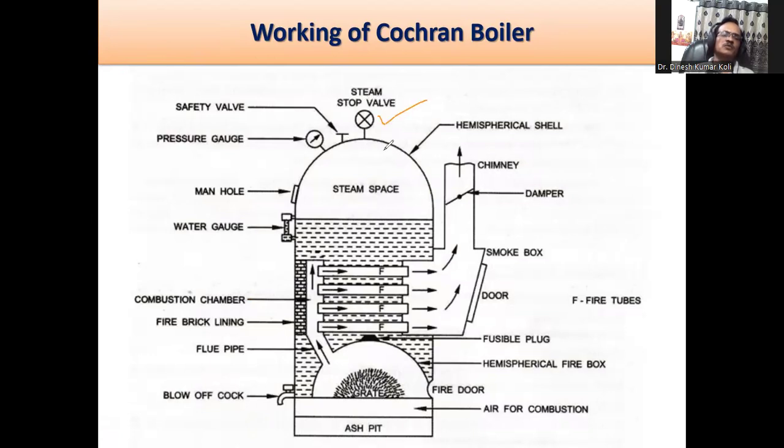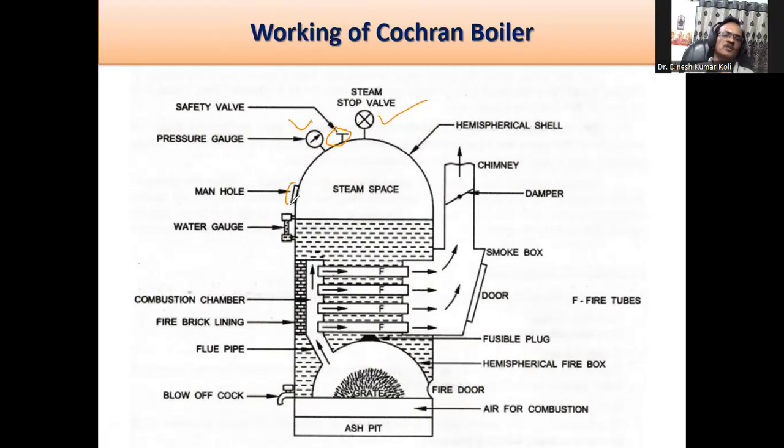It is used to control or regulate the steam which has been produced by the boiler. There is a spring loaded safety valve which releases the steam when there is excess pressure. The pressure gauge checks the pressure of the steam.